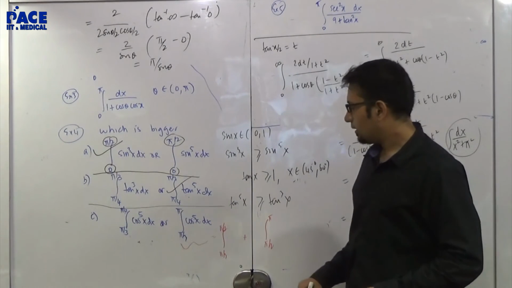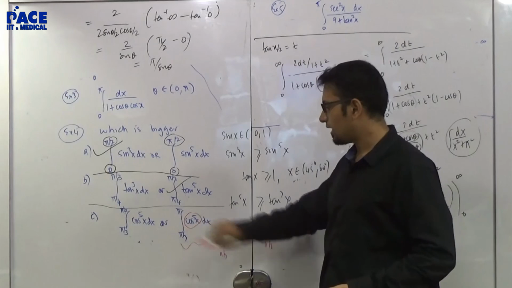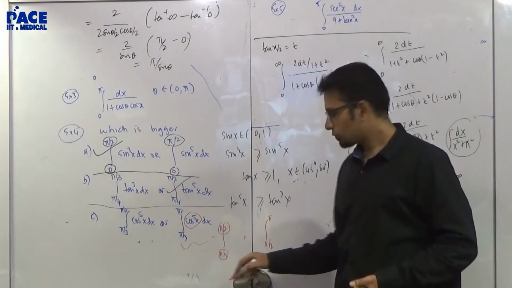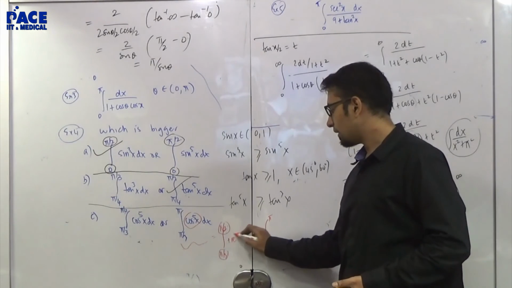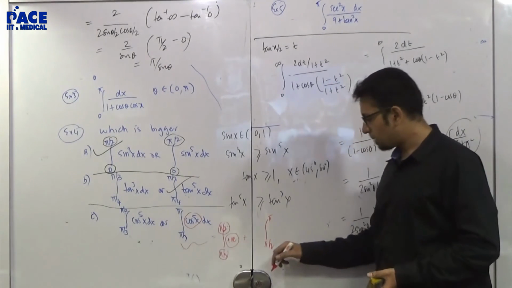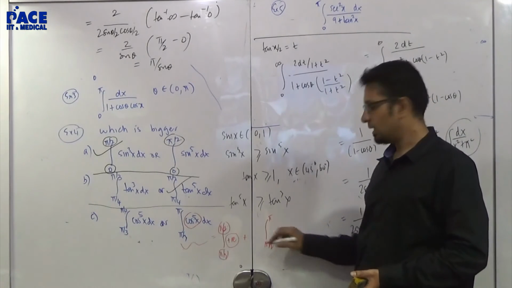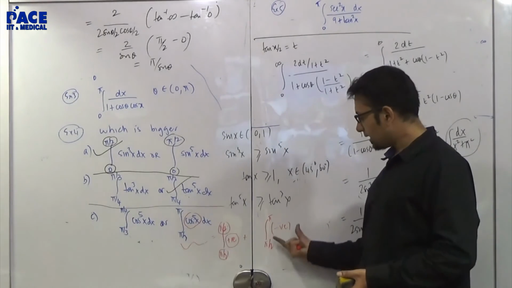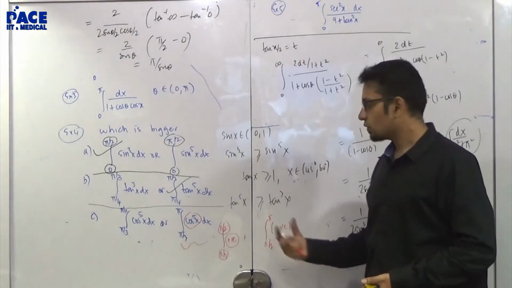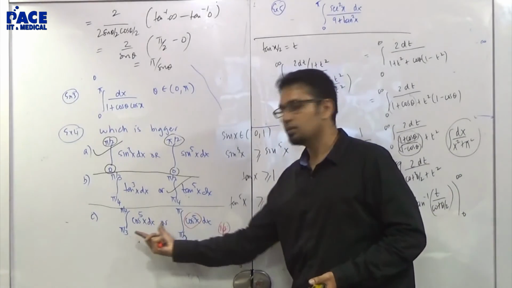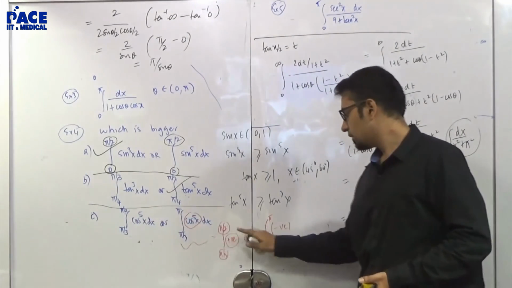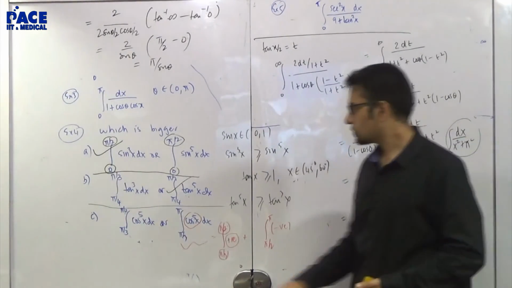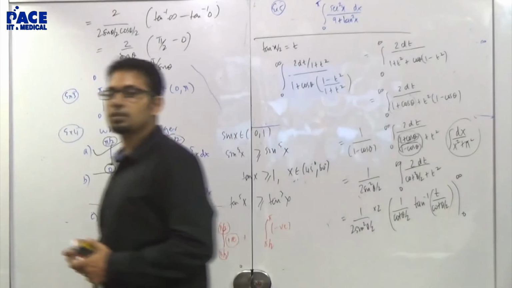The first interval is in the first quadrant, so that quantity will be positive. But when you integrate from pi by 2 to pi, cos is negative, so cos raised to 5 is also negative. So this portion will be negative. Definitely the first is bigger, because to this you are also adding a negative quantity, so it will decline. Is that clear?